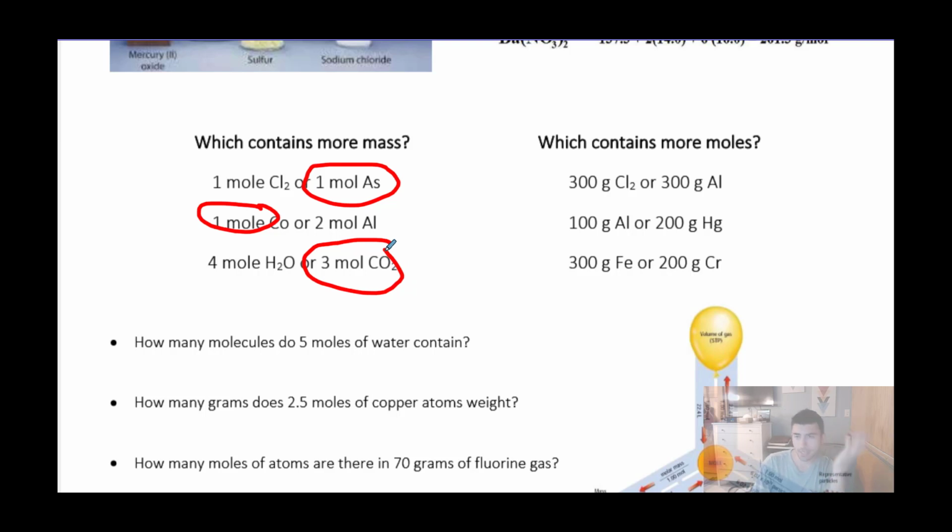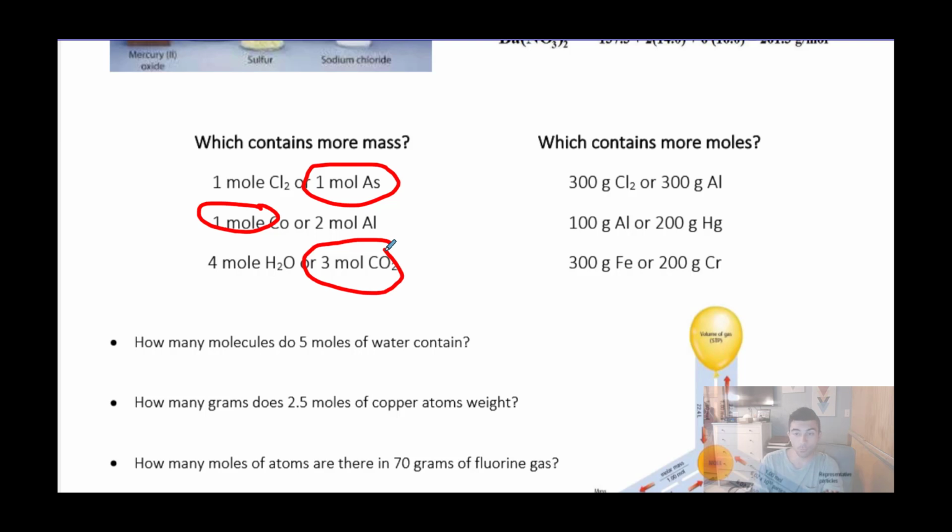Now, if I'm given gram amounts, which has more moles? I'm looking for which is closer to being a molar mass, or the mass value that has more moles in it. So a mole of chlorine or a mole of aluminum, well, chlorine being diatomic has a mass of 71.